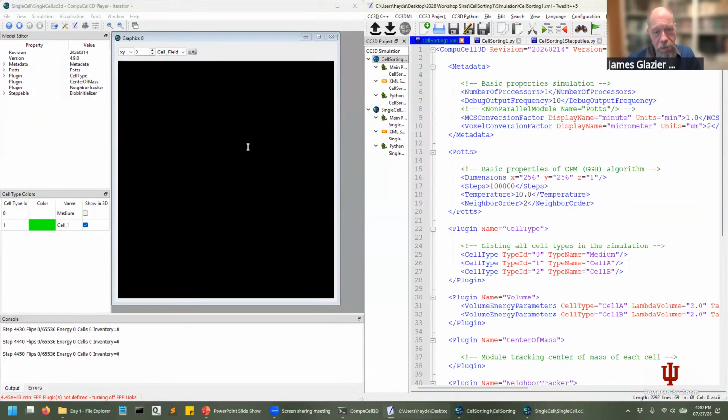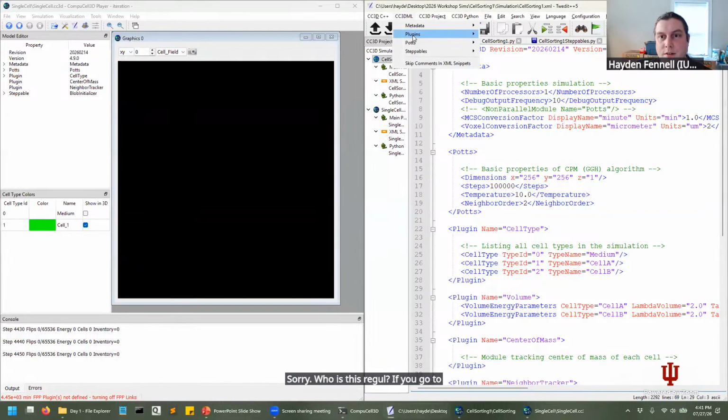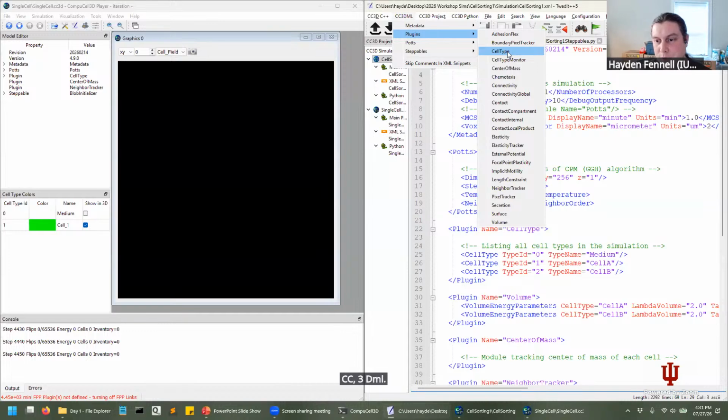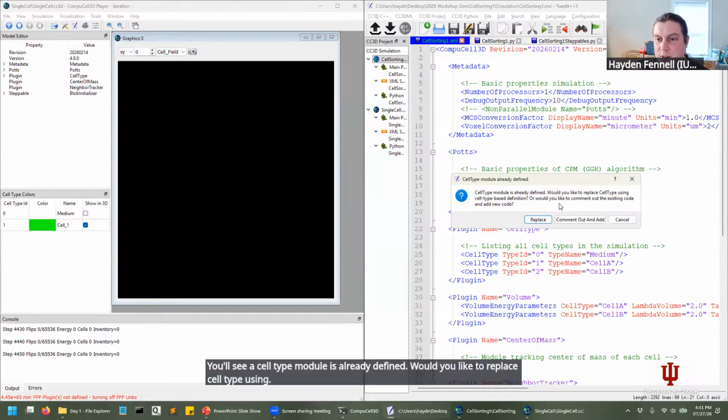So you update the cell type plugin. If we go to, sorry, who is this? Ragu. If you go to CC3D plugins cell type, you'll see cell type module is already defined. Would you like to replace cell type using cell type based definition?